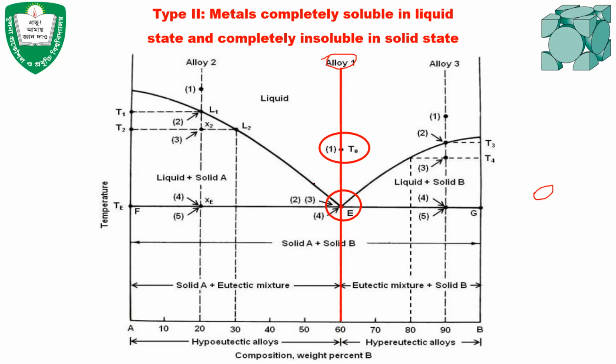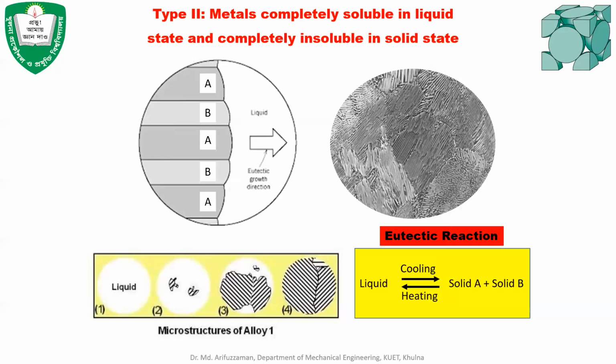Okay. And solid A and solid B are completely soluble in each other. And when the temperature reaches E, that means at the eutectic point, then the solidification starts. Okay, in the case of when solidification occurs, actually metal A and metal B solidify separately.